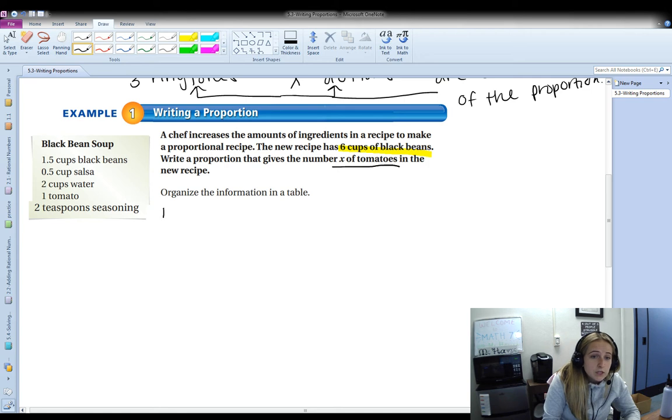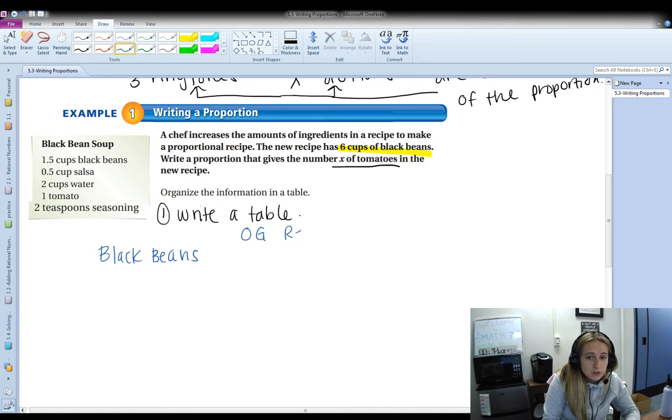So first thing we're going to do is write a table. When I write the table, I'm going to do this in blue. I'm going to put black beans over here. And then this is going to be the OG, which stands for original recipe. Then this is going to be the new recipe.